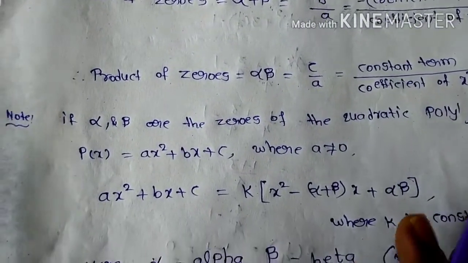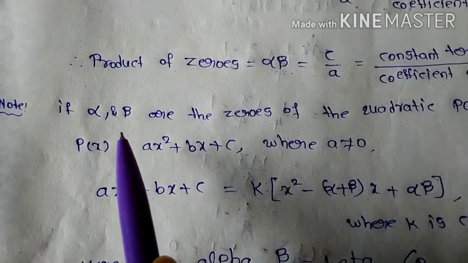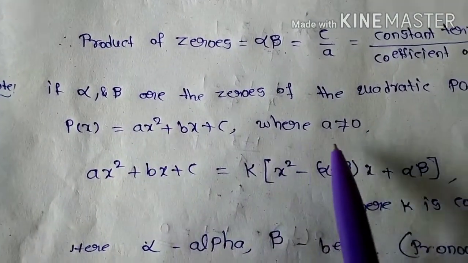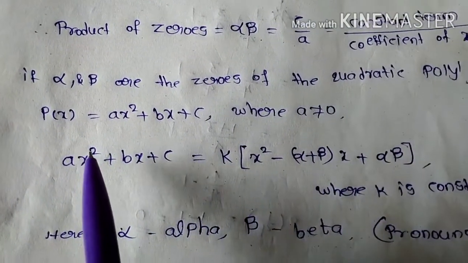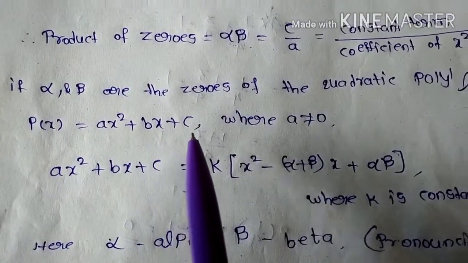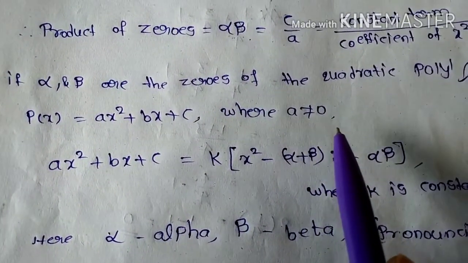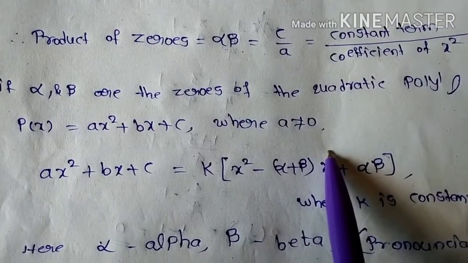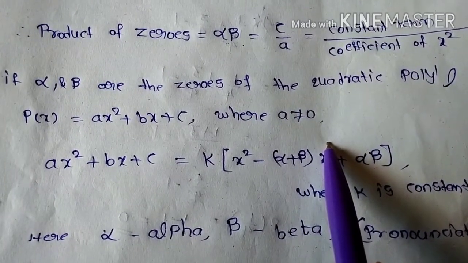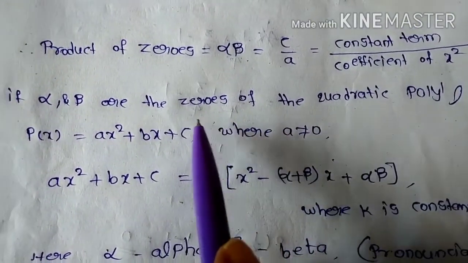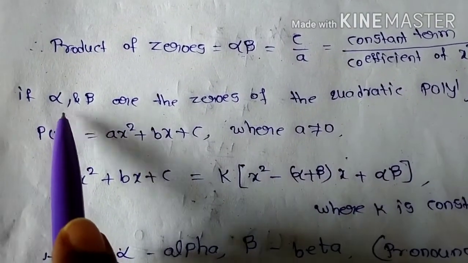In the similar way, you can remember here, note: if alpha and beta are the zeros of the quadratic polynomial p of x is equal to ax square plus bx plus c, where a is not equal to 0, then we can represent a quadratic polynomial using the zeros, which are alpha and beta.